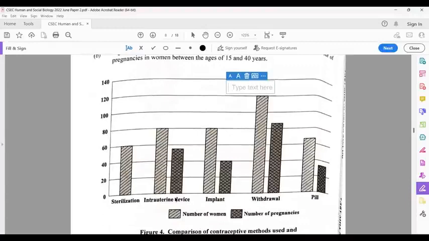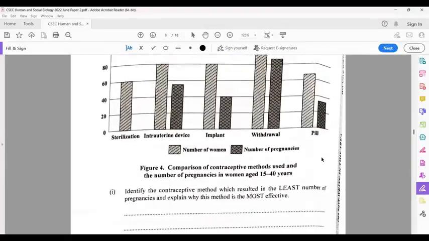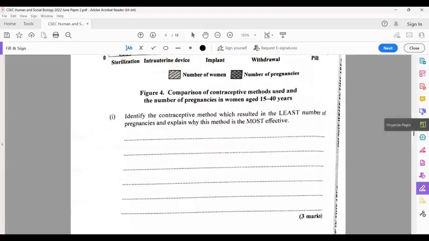And the bars line up for us: sterilization, intrauterine device, implant, withdrawal, and the pill. And we have the number of women and the pregnancies that resulted with their use. Identify the contraceptive method which was the best.